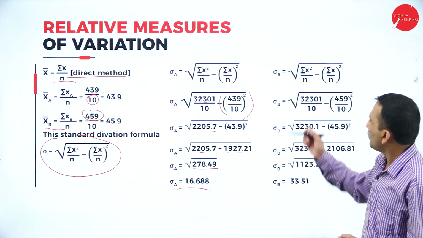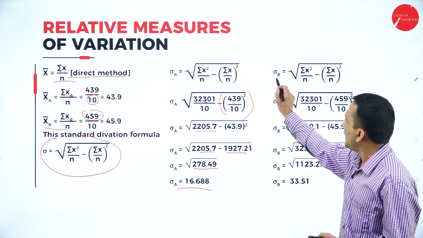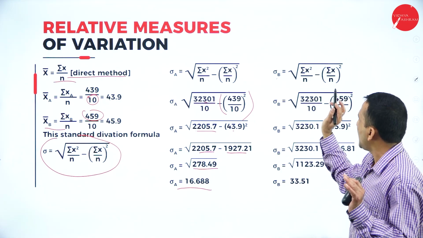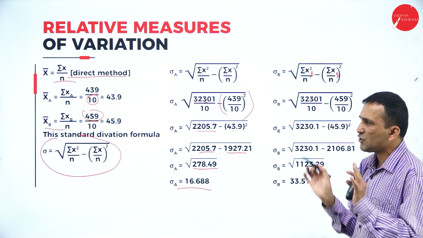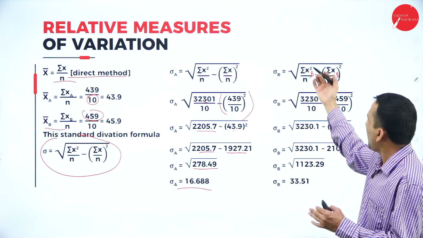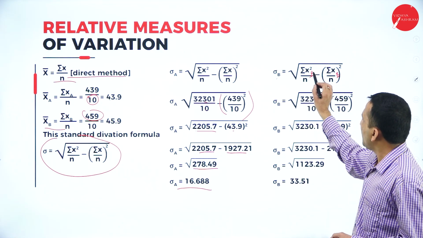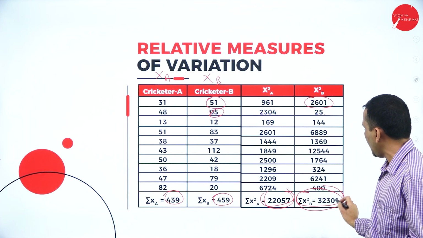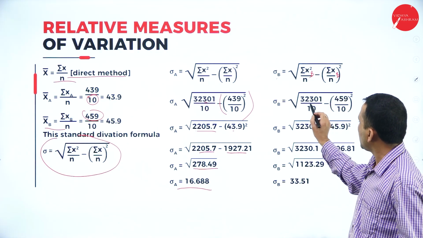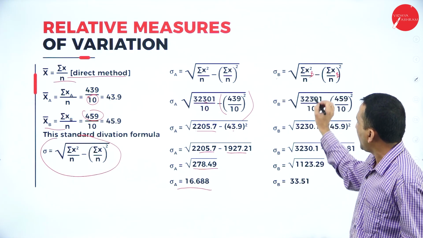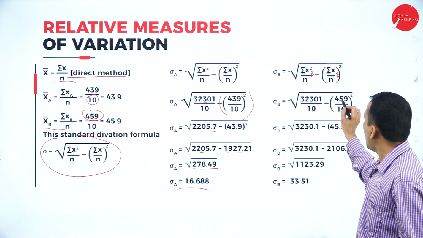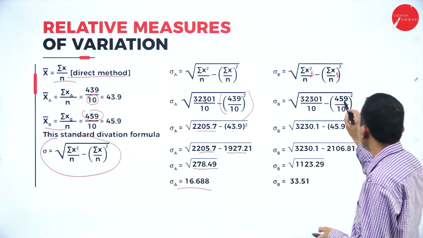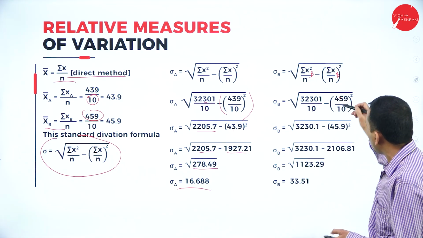The same formula, only now we write the standard deviation of B. The sigma x square formula is standard, the same as for A. Now we take sigma x square for cricketer B, which is 32,301, divided by the number of innings, 10, and for the x value, 459 divided by 10, then take the square root.